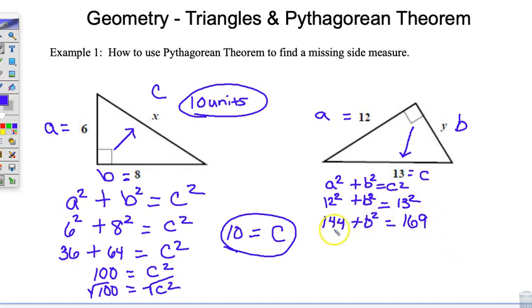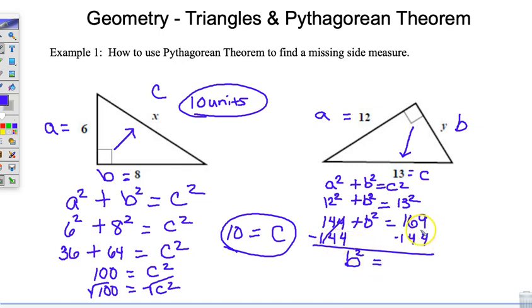Now that we have what looks like an equation, some of you have worked on equations in the past. We want to get this B value by itself. So what we need to do is subtract 144 from the left side of our equation as well as the right side. When I do that, I do get my B squared by itself because 144 take away 144 is 0.